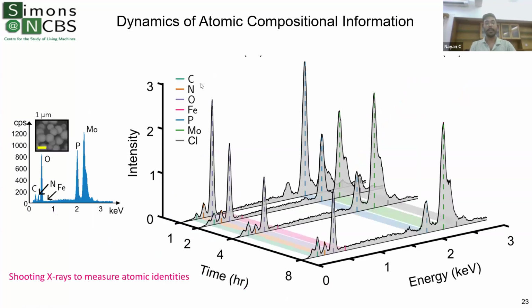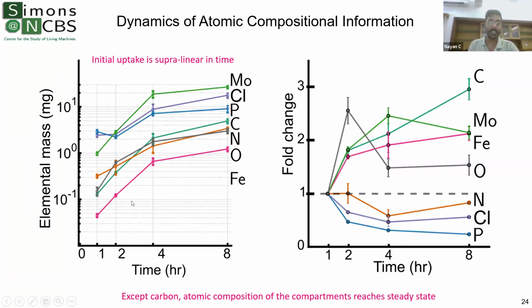And then we wanted to also characterize the atomic composition and information in a dynamical sense, what is happening over time. And when you analyze it, we do see that the atomic composition of these microspheres increases over time in a supralinear manner and then almost reaches saturation beyond around 4 hours.